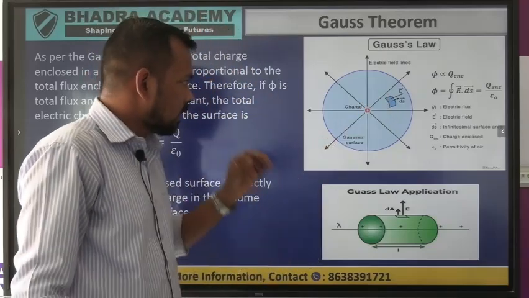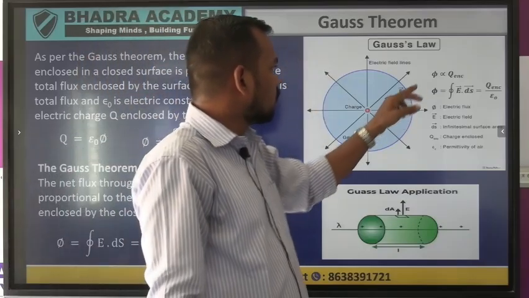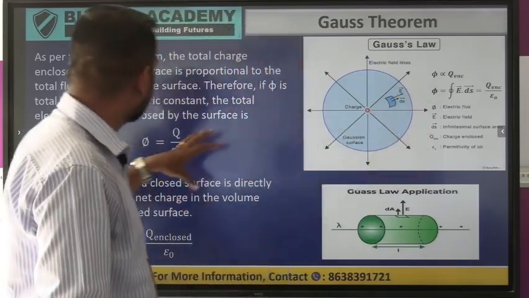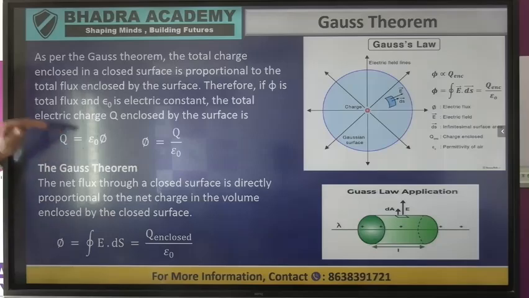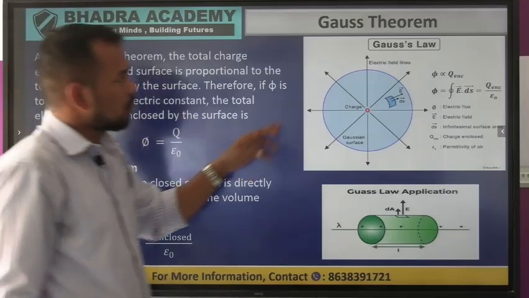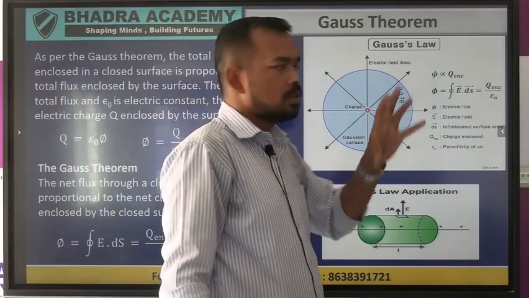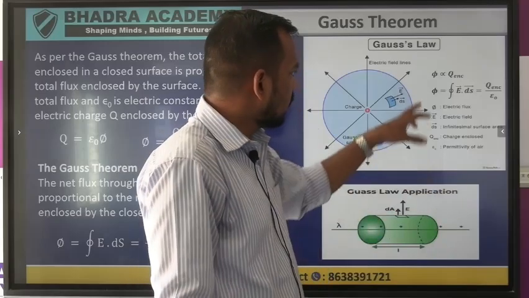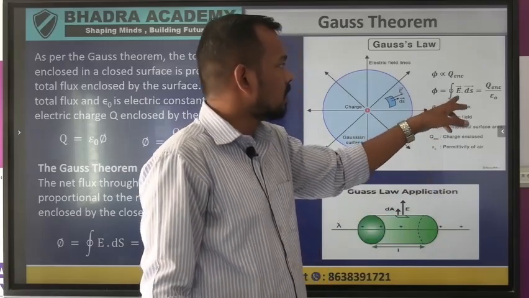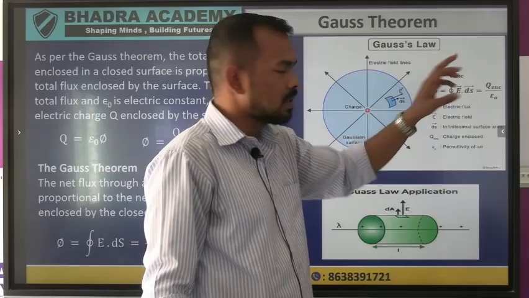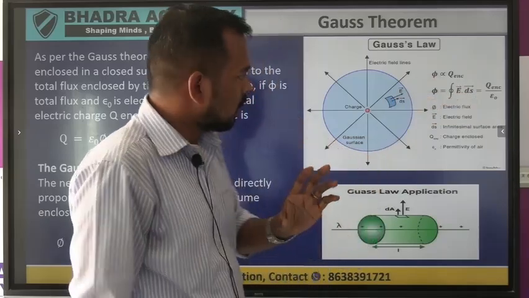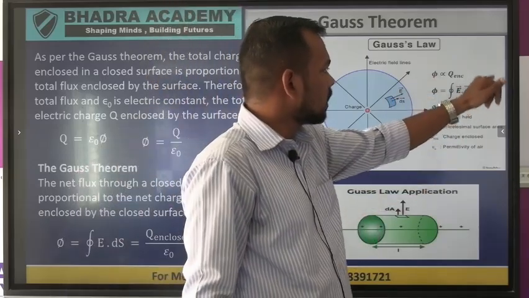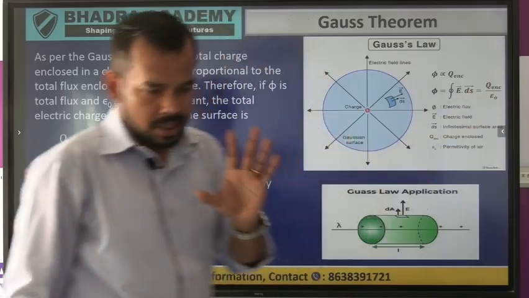Gauss law states that the total flux is proportional to the total charge enclosed by the surface. This is denoted by the integral of the electric field vector dotted with the surface vector dS, which equals the total charge enclosed divided by epsilon naught.